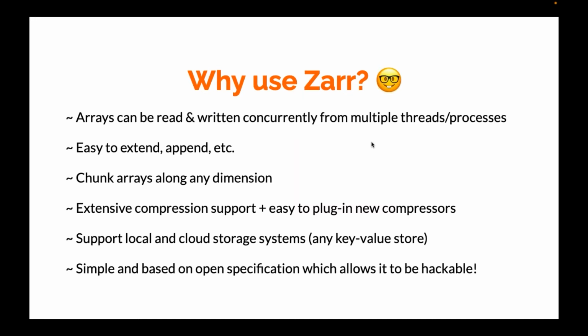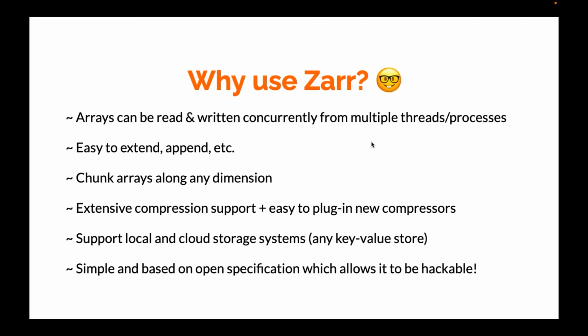And it's very easy to extend and append data to your Zarr store. You just saw how we did that using the S3 bucket and just writing data to it. And you can chunk arrays along any dimension. If you define 3 dimensions in your 3-dimensional data, you can chunk the array along any dimension. So it's not restricted to just 1 dimension.